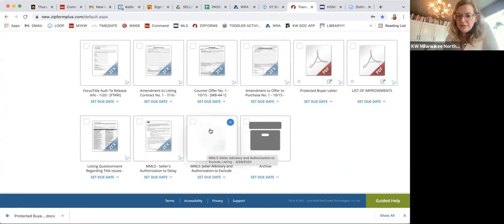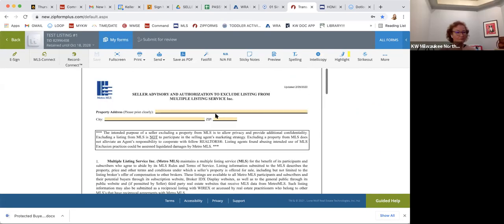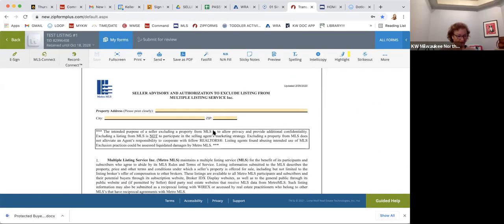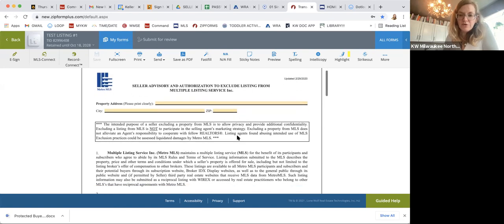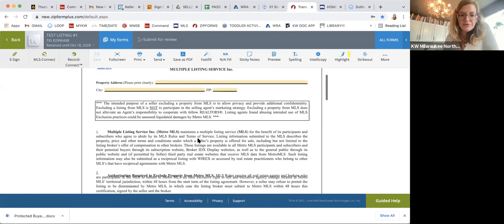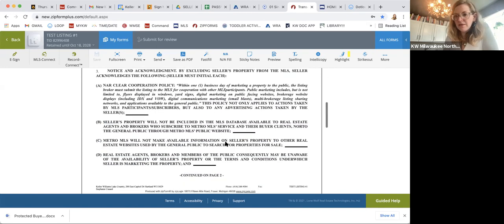So if you do get that MLS excluded listing, you're going to use this accompanying form from MLS. And it should be in your listing packets on zip forms. So you're going to name the property address at the top. And then there's a series of statements that the seller needs to initial.